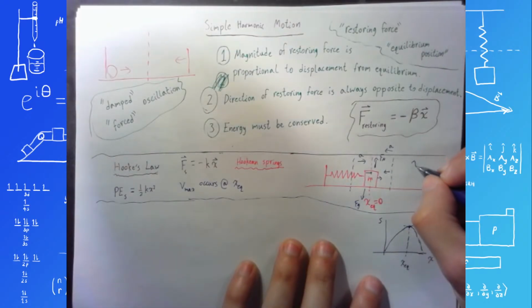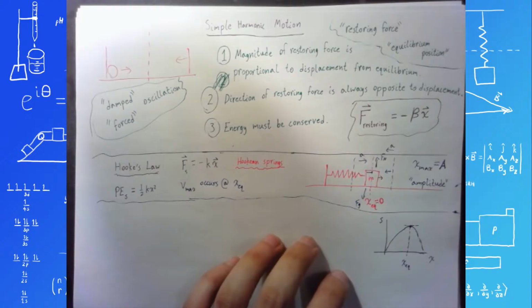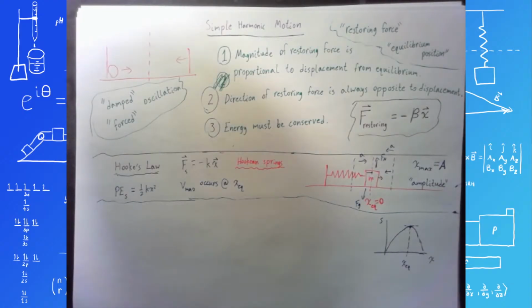That's what we might call x max, also known as capital A in textbooks. The capital A stands for amplitude. So that's another vocab word for you, amplitude. It's just the magnitude of the maximum displacement of an object in simple harmonic motion.